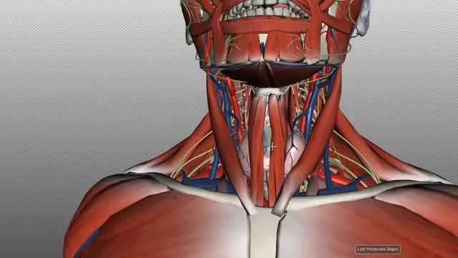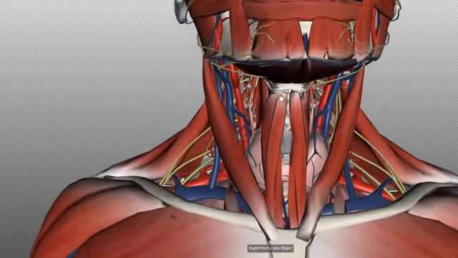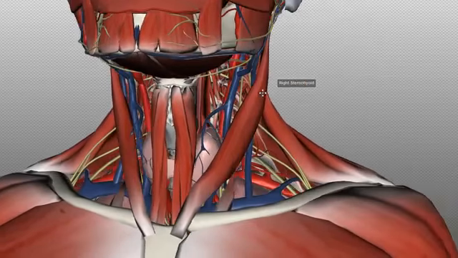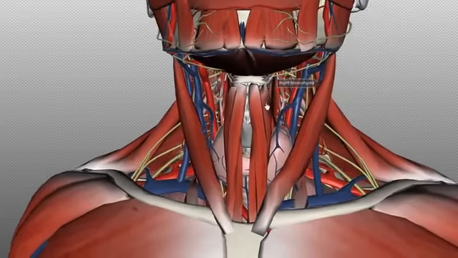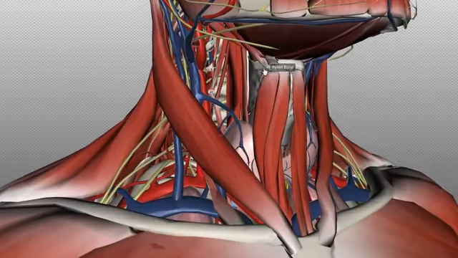As you can see here, there are several structures which run in the anterior triangle of the neck. I won't go into huge detail on what these are, but I'll just quickly go through them. You can see this bone here. This is the hyoid bone, and this bone is important because it forms the attachment for many muscles which make up the floor of the mouth, and it provides attachment for the tongue muscles, and it's involved in swallowing.